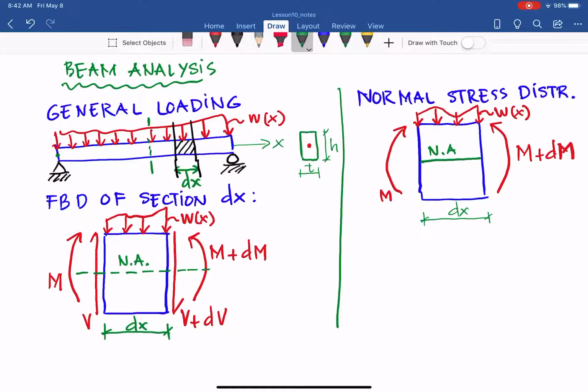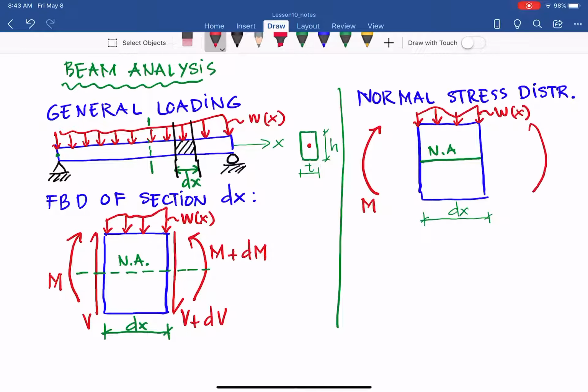As you already know, for the distribution of the normal stress, let me draw it down a little bit further so that we can solve the distribution of the normal stress. M plus dM.